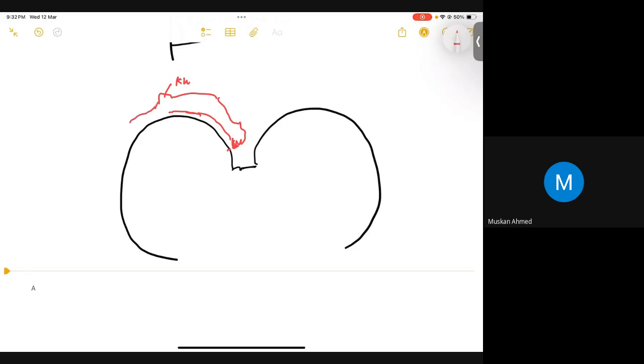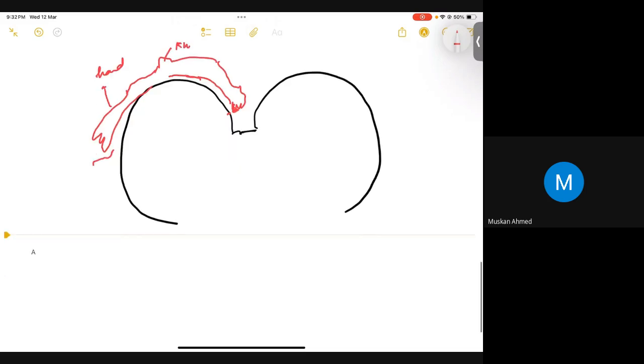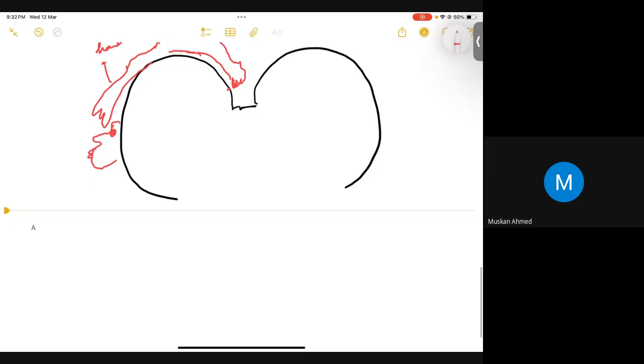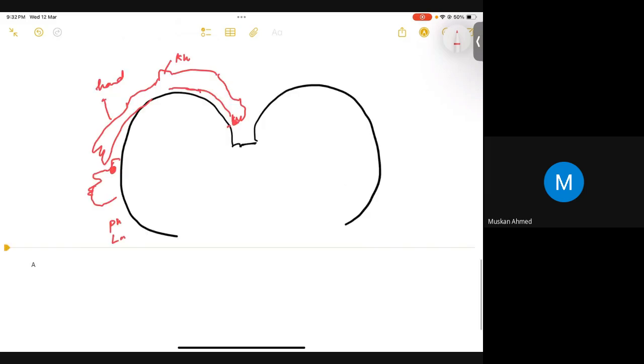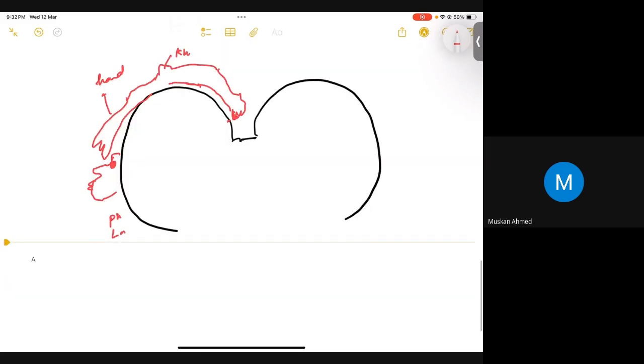And as you come laterally, you're going to see an area which causes hand movements. And in the end, for your head and neck, these are the eyes and the lips and head and neck. And in the end, you have an area which is responsible for pharynx and larynx movement. Is that clear? This is the homunculus you guys should keep in mind.